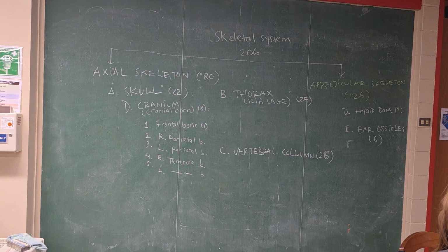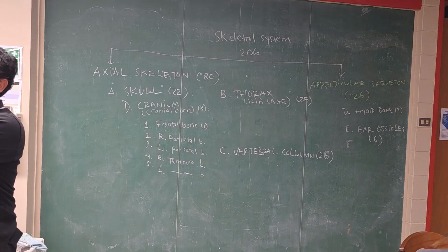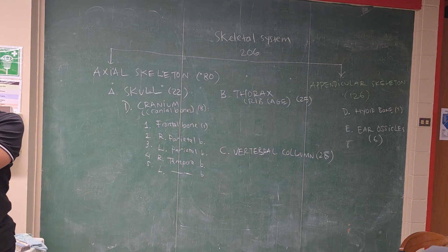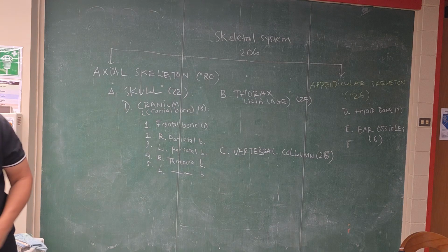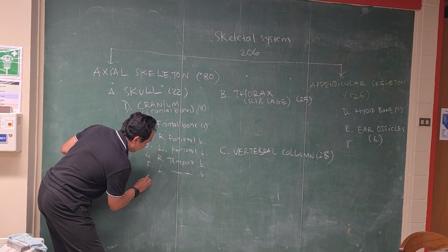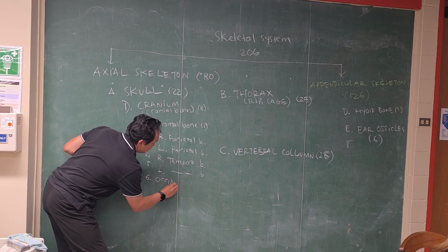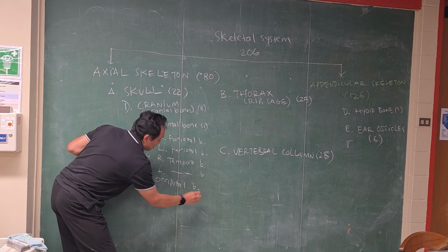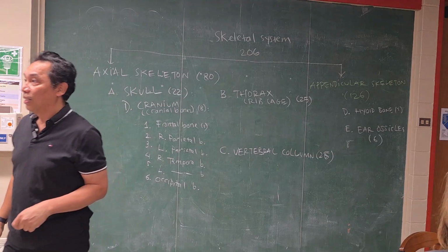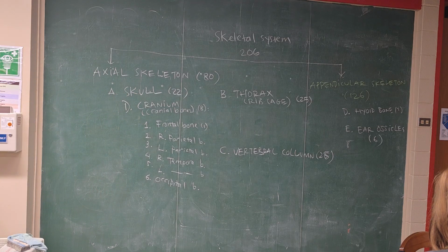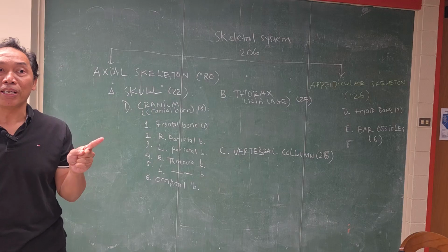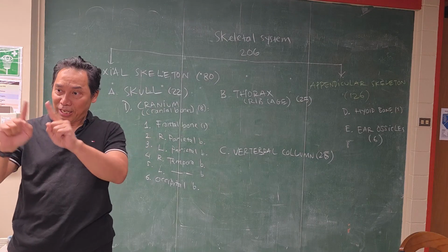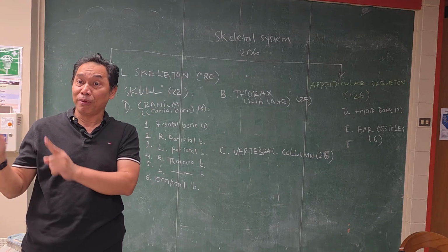Now, there is one on the back, this blue color over here. Anybody know what is the name? Occipital bone, number 6. We're gonna learn that, and that's actually part of your assignment today, because male and female have different occipital bones. We're gonna identify whether it's male or female.